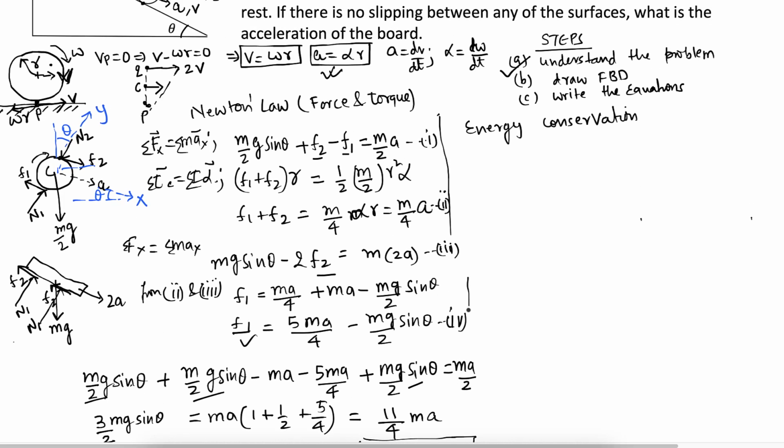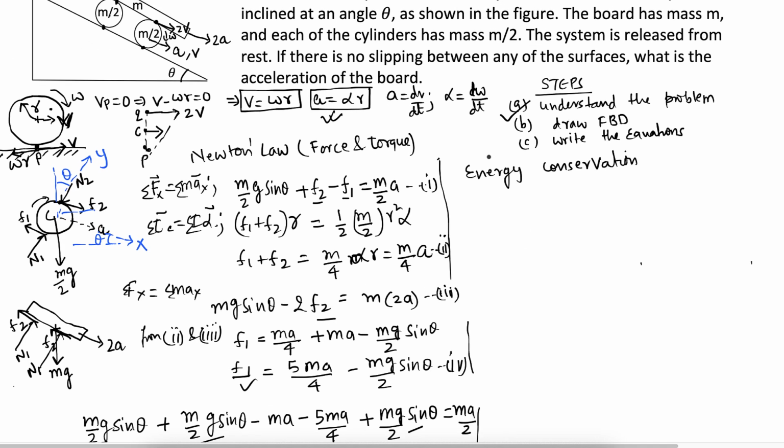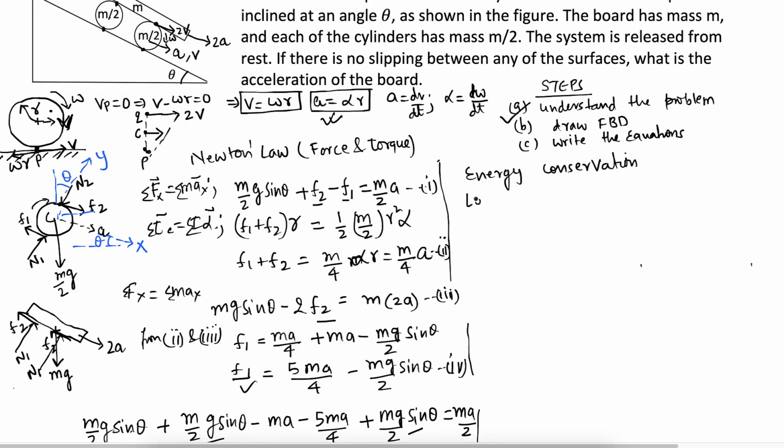But now let's use the conservation of energy and let's see what happens here. So in the conservation of energy, we can assume that the loss in potential energy is equal to gain in kinetic energy of the system. So let's say that the cylinder goes down through distance x. So the board will go down with 2x.